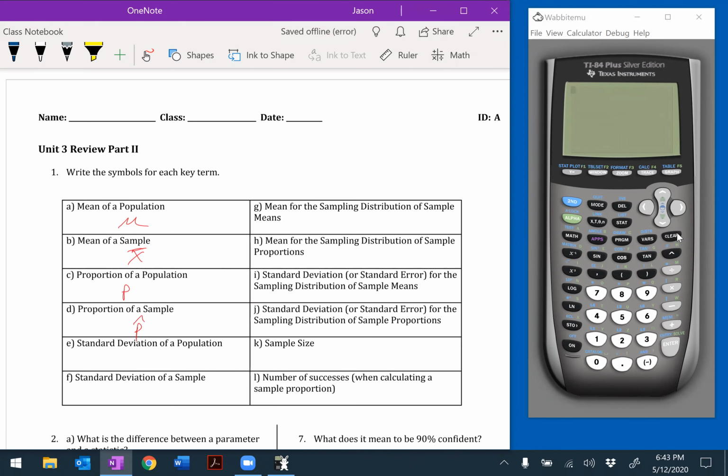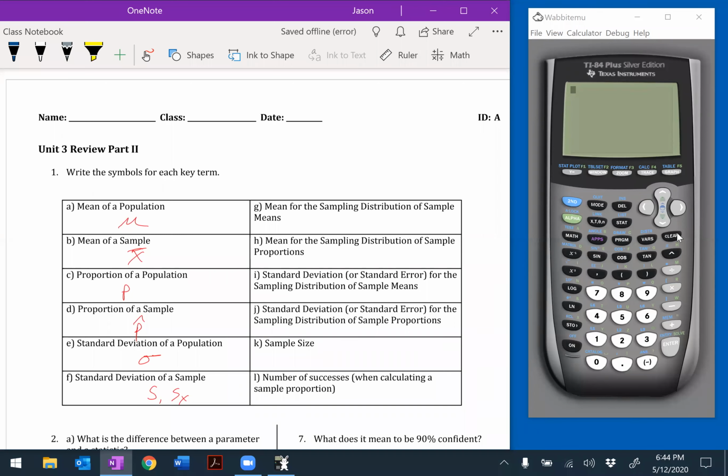What's the standard deviation of a population? That's sigma. What's the standard deviation of the sample? That's s, or sometimes referred to as s of x. What is the mean for the sampling distribution of sample means?